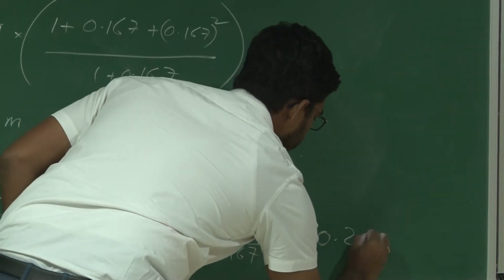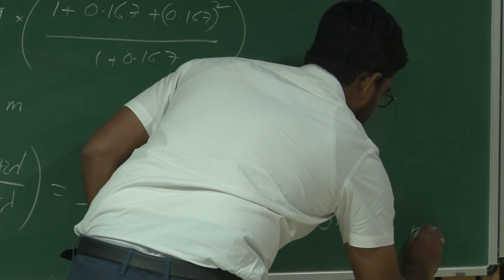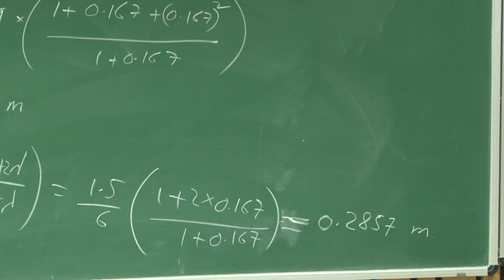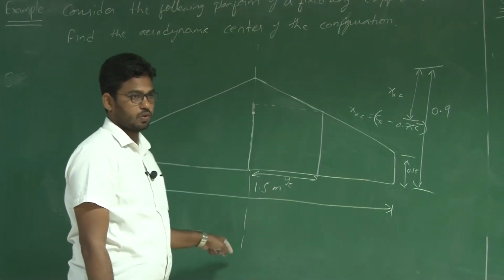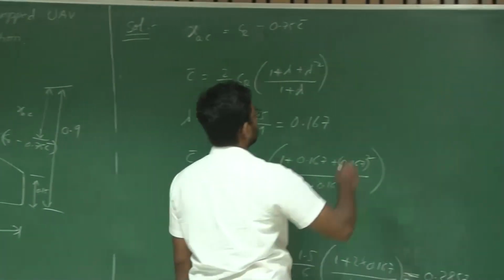This is approximately 0.2857 meters. It lies at approximately 29 centimeters from the root chord. What is our mean aerodynamic chord, MAC?